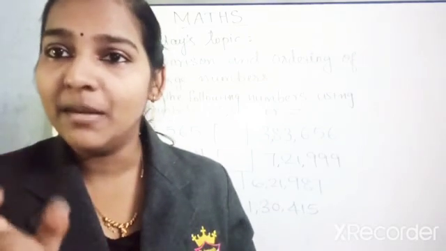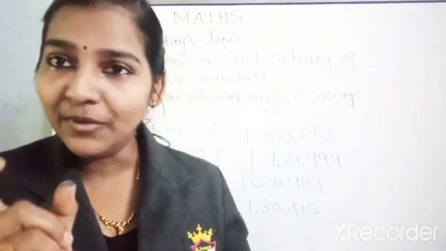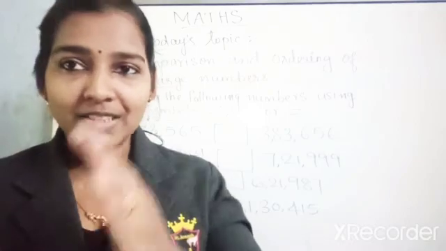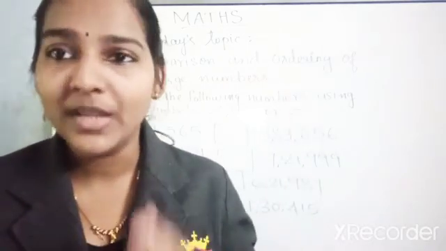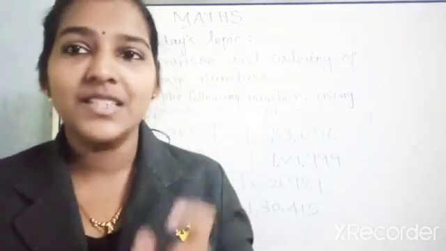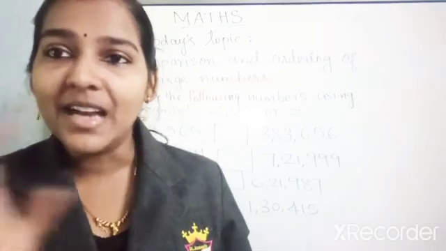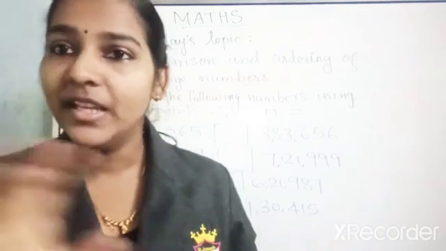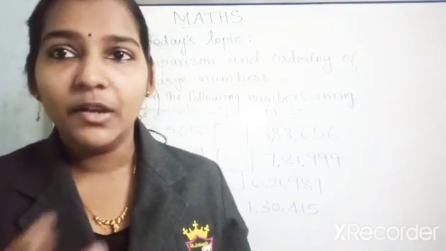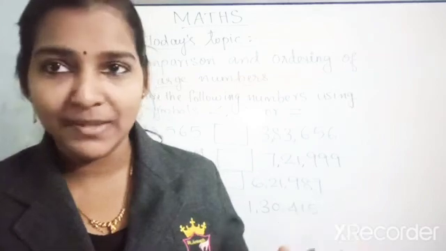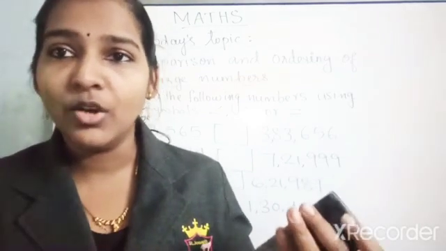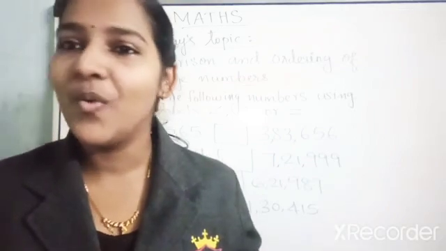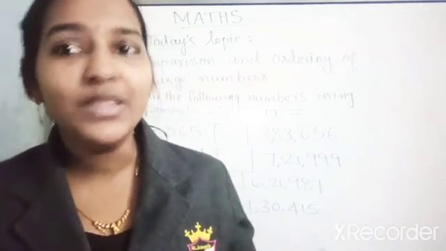In 300 and 400, the highest place is the hundreds place, isn't it? So you compare from the leftmost side. Check the digit in the hundreds place and compare it with the hundreds place digit in the other number. Then you will get which is greater. If 3 and 4 are the hundreds place digits, which is greater, 3 or 4? 4 is greater, right? So we can say that 400 is greater than 300.